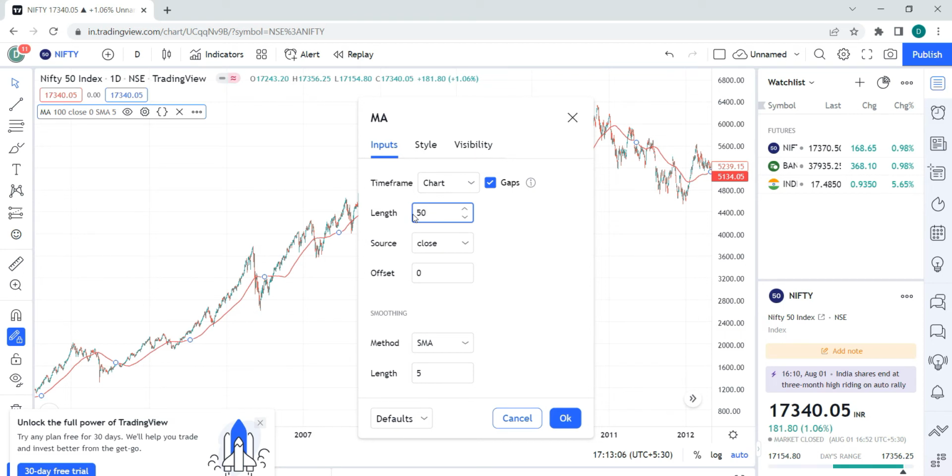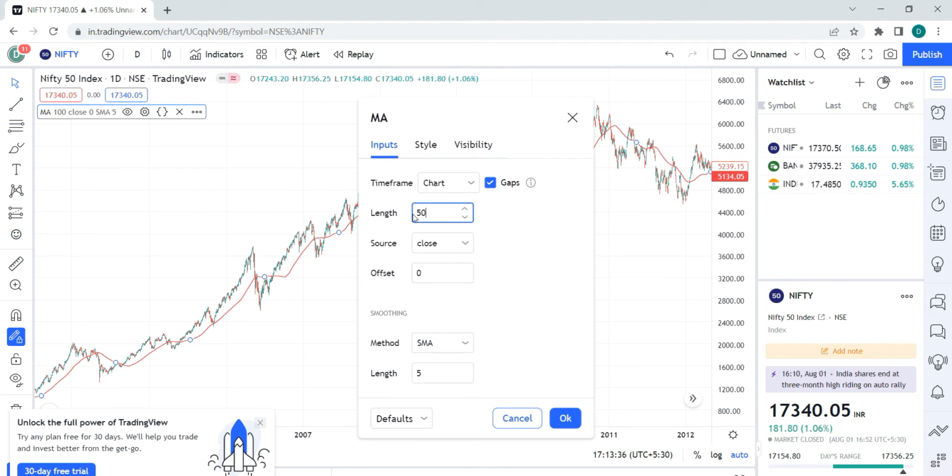But if you say exponential, how does it make a difference? In a simple moving average, the importance is given equally to each and every candle in the data you've given. But the exponential average gives more weightage to the current candles.